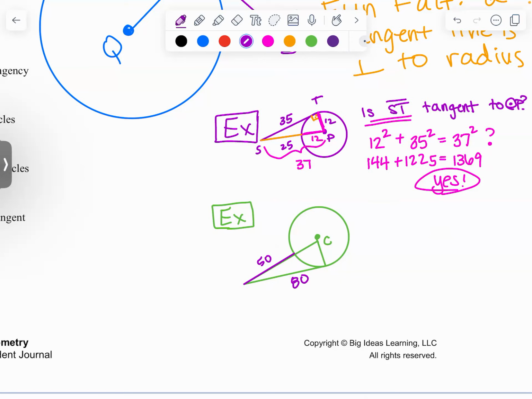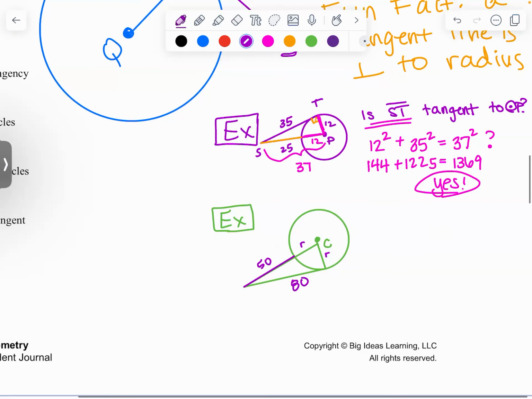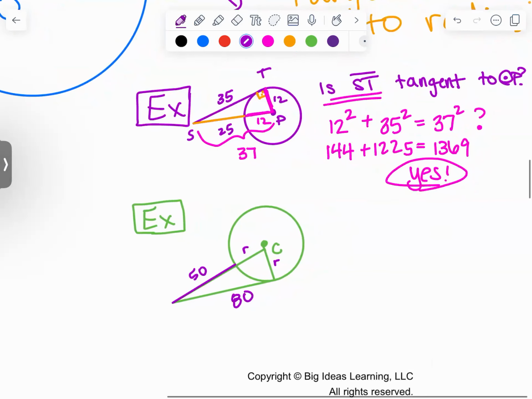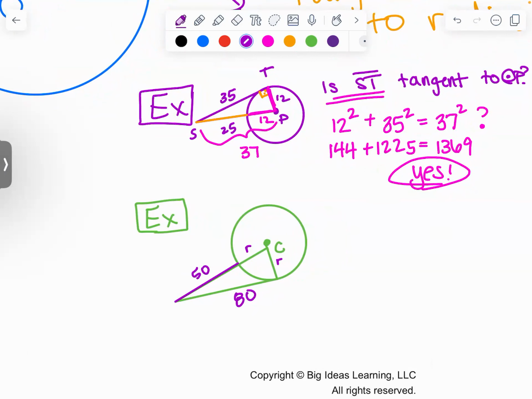Okay. I want to know what the radius of this circle is. Oh, it has to be more than 30. So let's find it. We know that this is a right triangle, right?